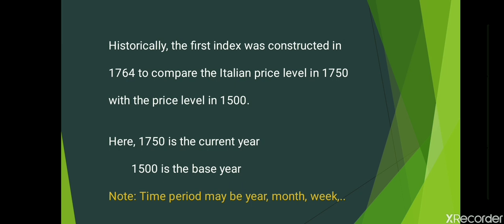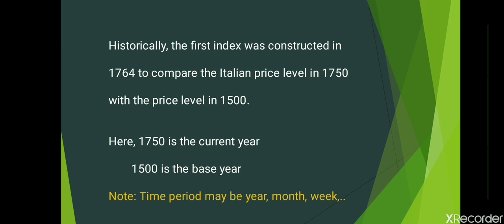Now coming to the history of index numbers. Historically, the first index was constructed in 1764 to compare the price level in 1750 with the price level in 1500 in Italy. This index was constructed for the year 1750.